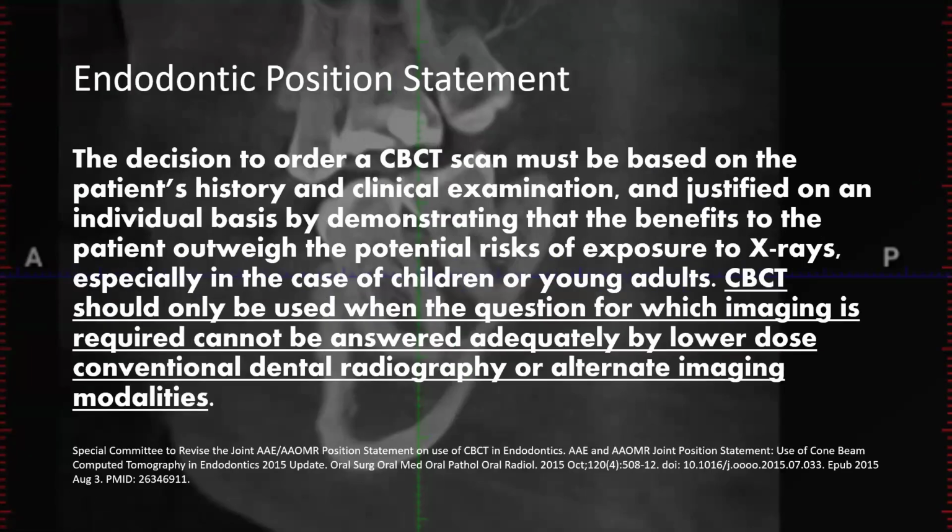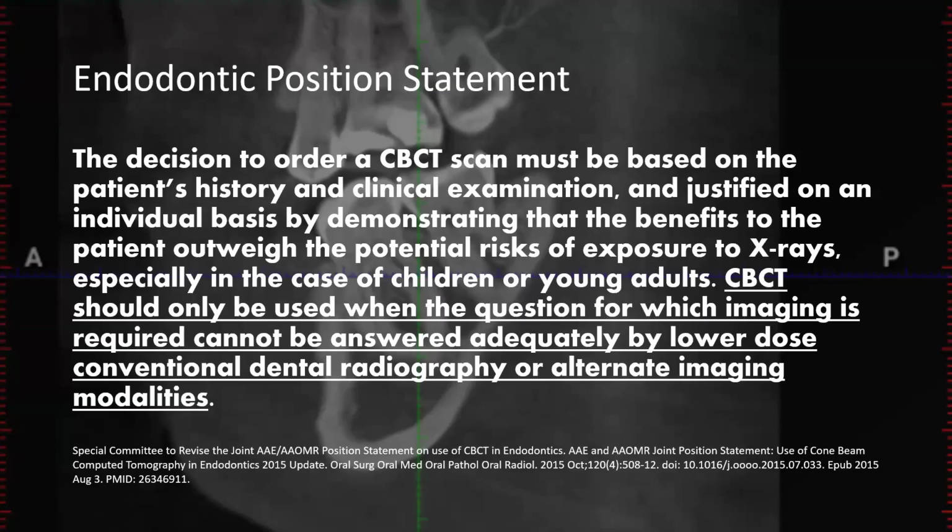And then the Academy of Endodontics combined with AAOMR to have a joint position statement on endodontics. In this one, if I sum it up, they say not to default to cone beam CT. But like in that case I showed you, where they had a periapical radiograph and it wasn't really correlating with what symptoms they saw, with what they expected, then they went to CBCT.